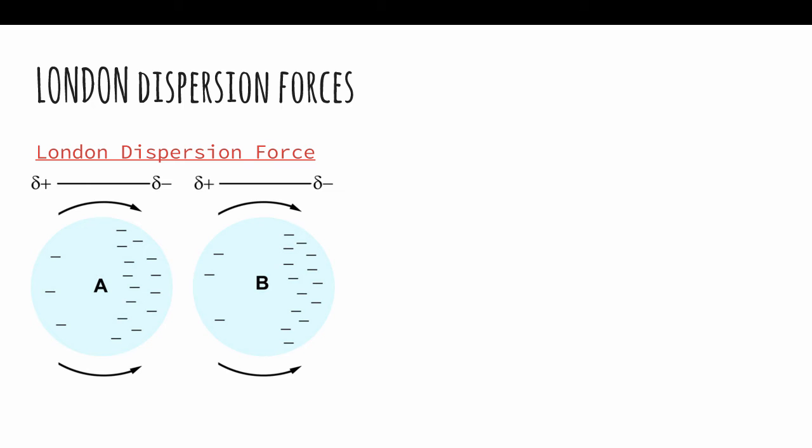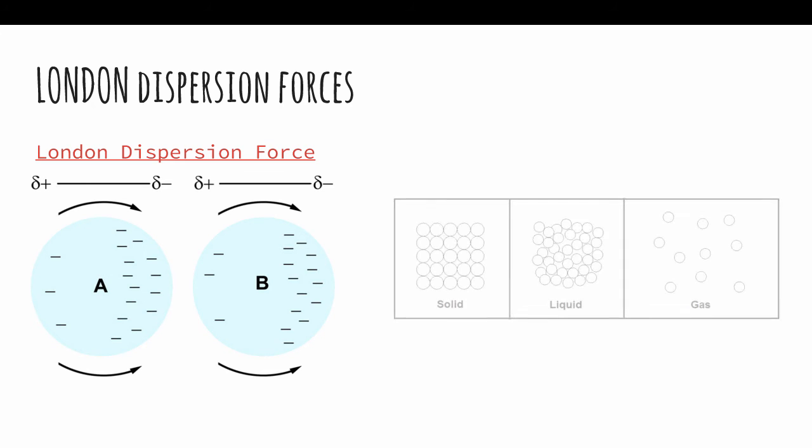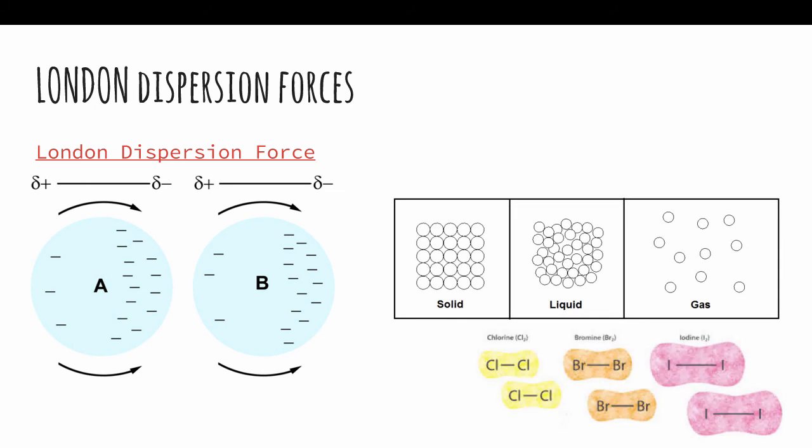However, if you have lots and lots of molecules like we do in any substance, then at any one point some of the molecules will be attracted to each other with this dispersion force. And that's why it's very weak, because it is temporary. If we look at the halogens, we know that the dispersion force is greatest when you have the greatest number of electrons.